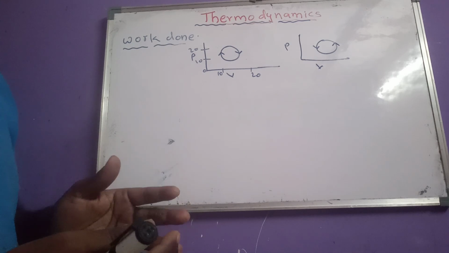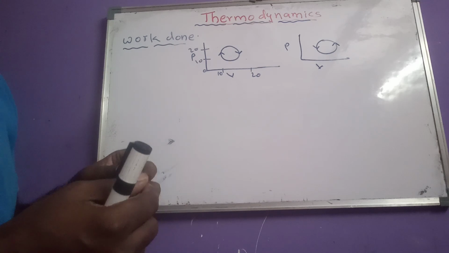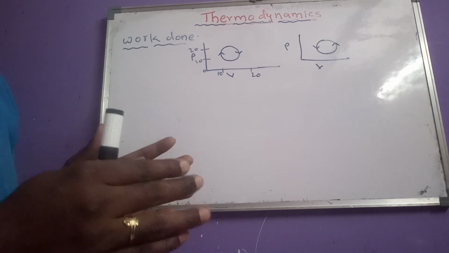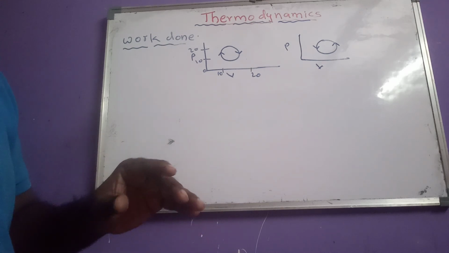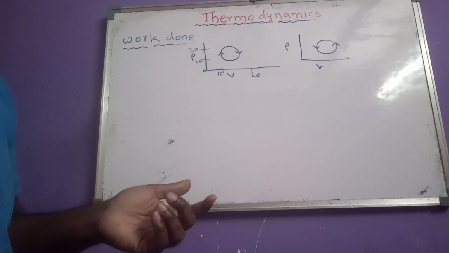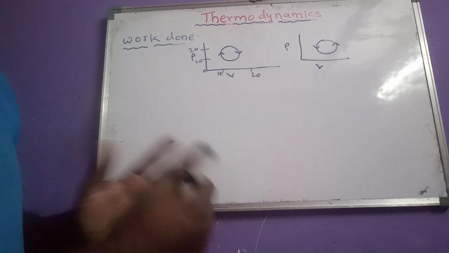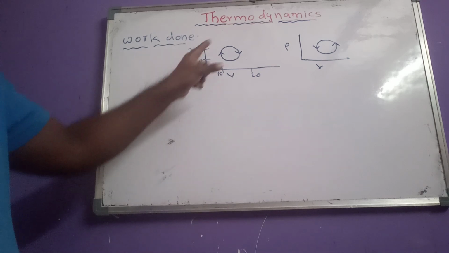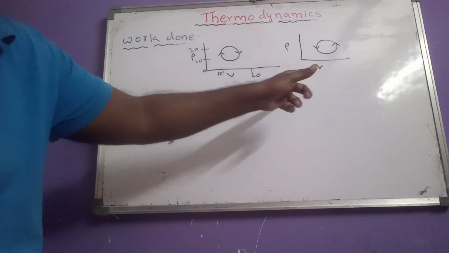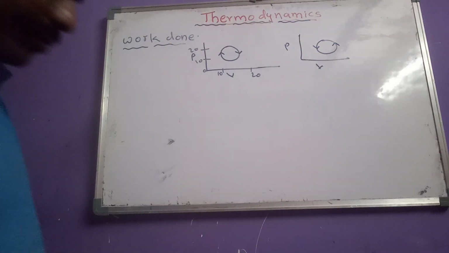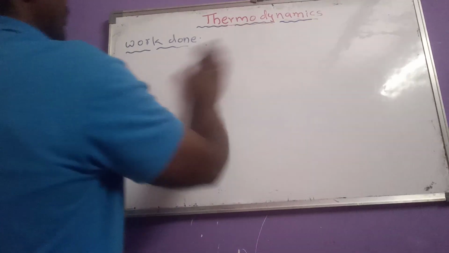But if you want to set the time, sometimes we have to move it in the anti-clockwise direction also, but that is possible only when we apply some force on it. That means we are doing work on the system. So you have to remember, clockwise means work done by the system, anti-clockwise means work done on the system. Okay, this is regarding graph related questions.